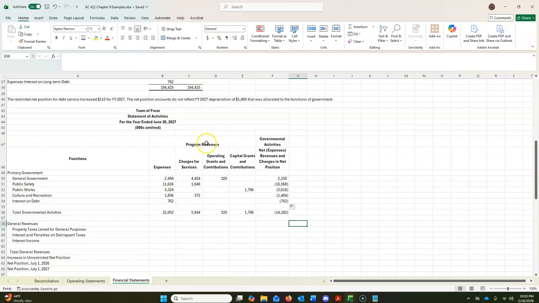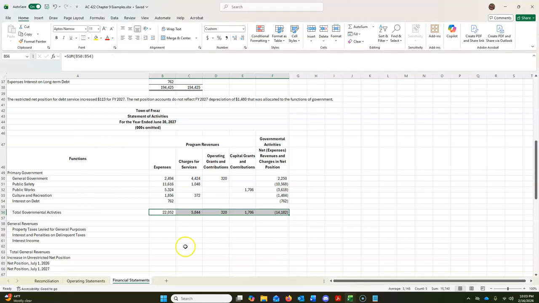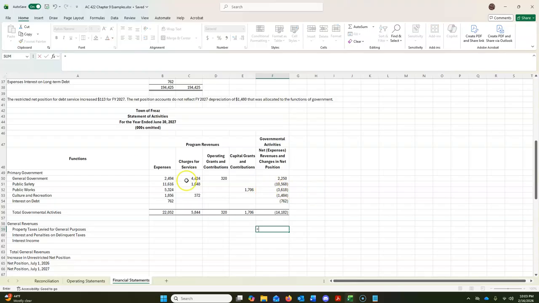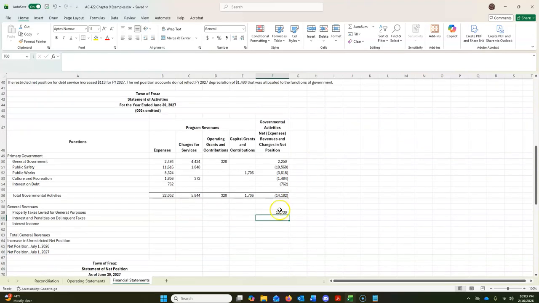We are done with the program revenues, so I'm going to throw a border on that. We're looking for property taxes, general revenues, and we see those three right there, so I can copy those three down. And I get total general revenues.